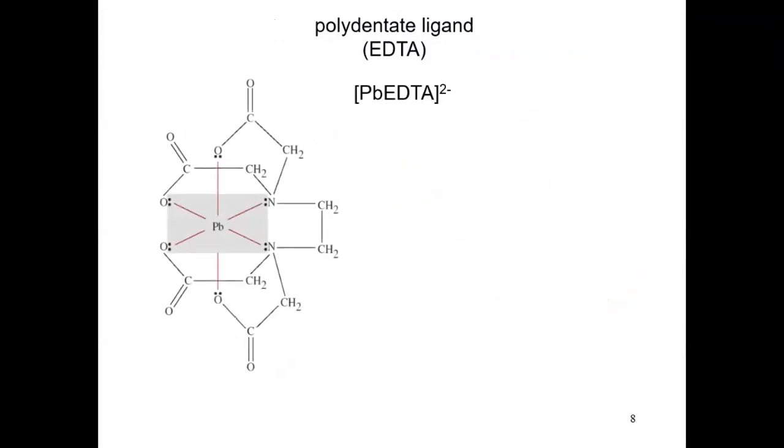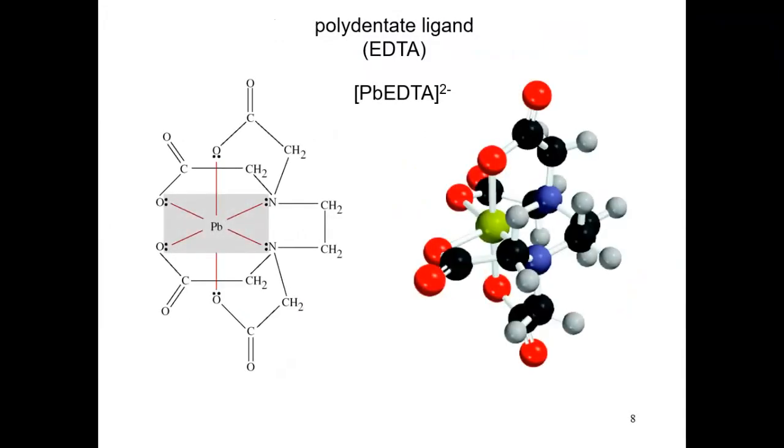So it is a compound that is used to form complex ion with lead 2 ions. You can see it here, and you can see how one molecule is capable of essentially providing all by itself 6 donor atoms. I'm not going to call it hexadentate. It's actually polydentate. And you can see on the right side a structural model of it.